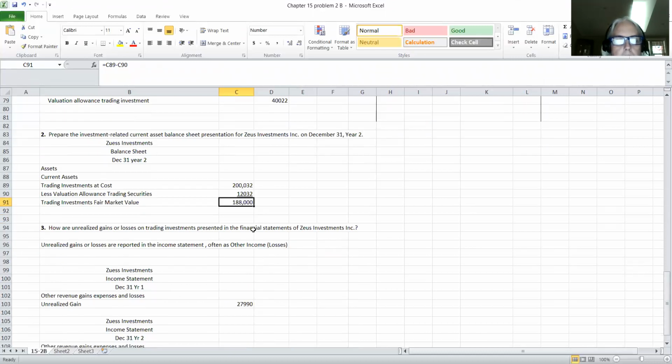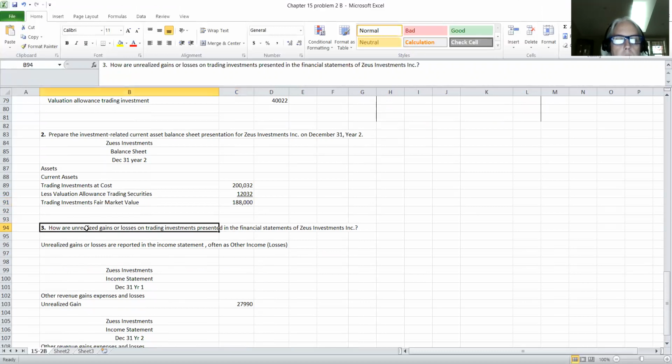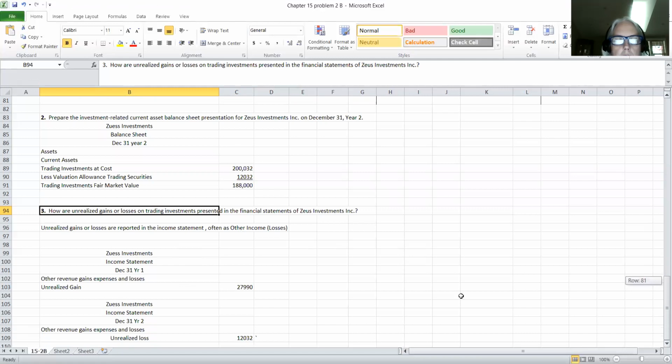Number 3 asks you how the unrealized gains or losses are going to be recorded for the trading investments. And so I chose to show you year 1 and year 2. At the end of year 1, we had an unrealized gain. It would show up on the income statement in the other category.